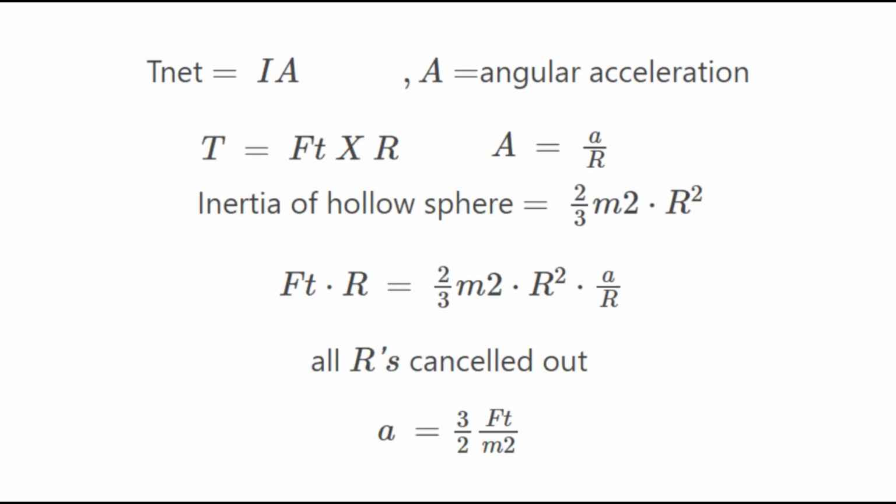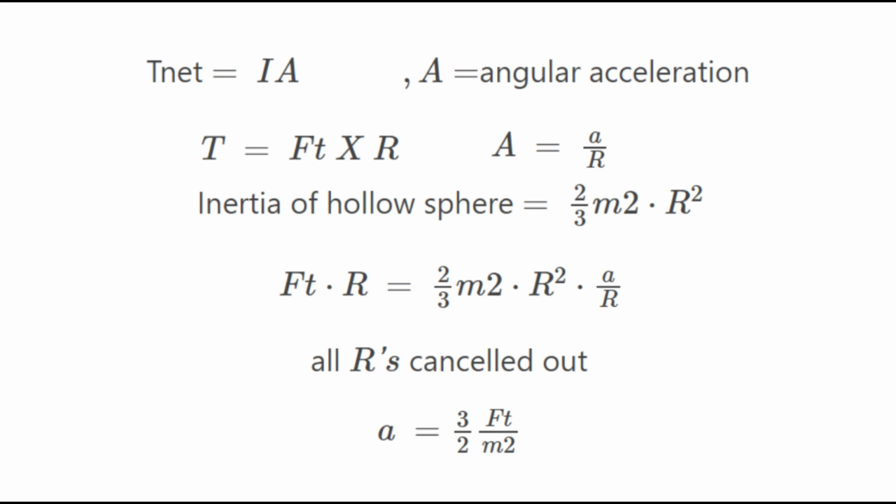Putting that aside, we know that the net torque acting on the string equals the moment of inertia times the angular acceleration. Since the tension force is the only force acting on our ideal string, we can substitute torque with the formula radius cross product force, where force will just be our tension force.